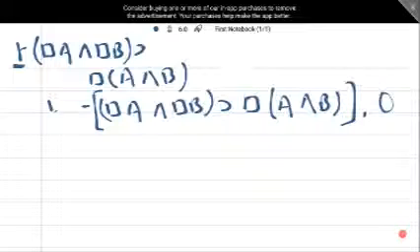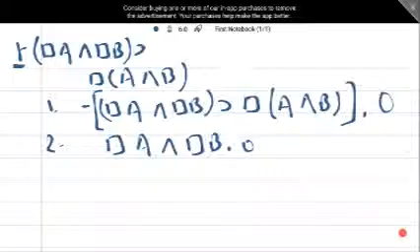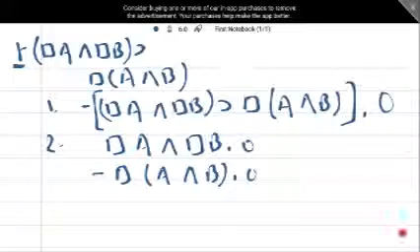Okay. In step 2, it will come to square A and square B in 0 and not square A and B in 0.